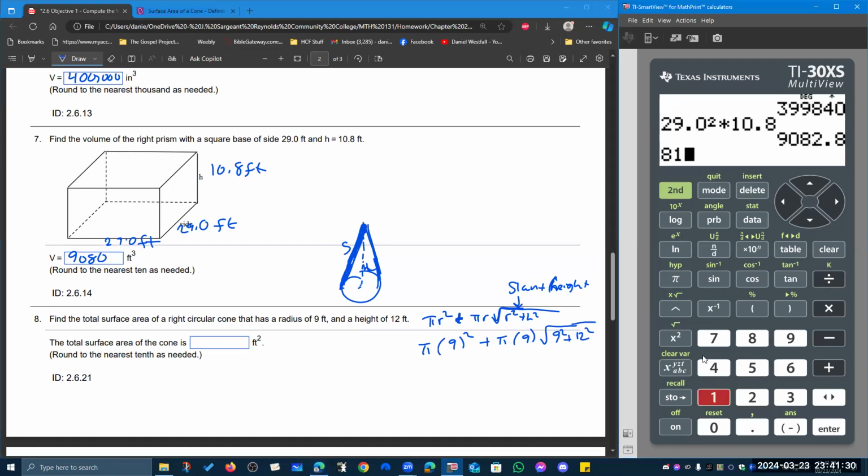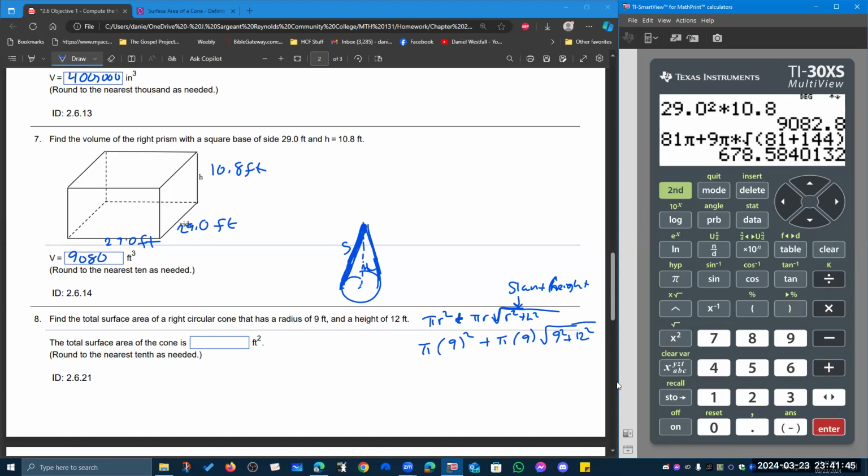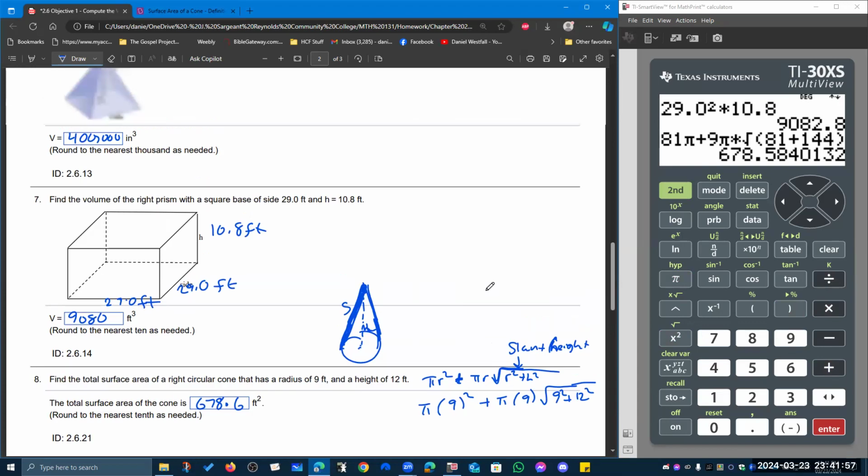So this could be 81 pi plus 9 pi times the square root of 81 plus 144. And rounded to the nearest tenth is 678.6. And that is it for this video.